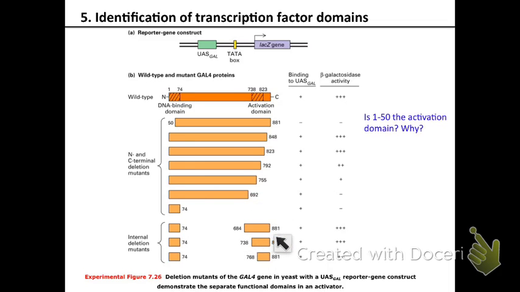So then I can make further internal deletion mutants. Because the DNA binding domain and activation domain are separable, you can sometimes chop off all the regions in between them, and the resulting protein will still be a functional transcription factor, okay? So what you're doing here is making an internal deletion between 74 and 684.